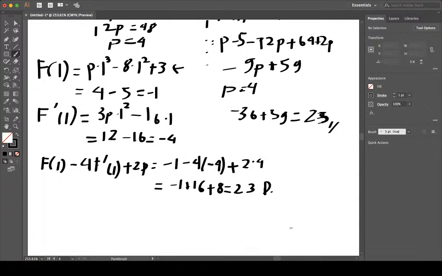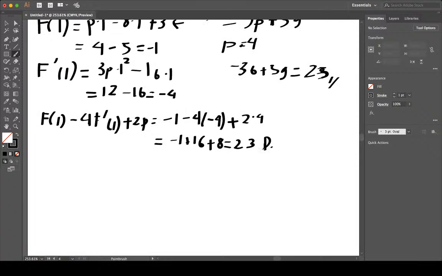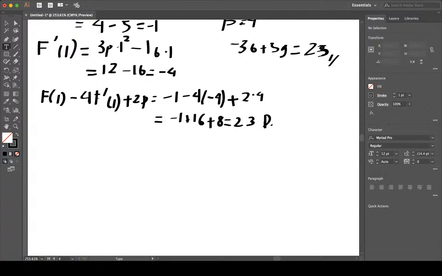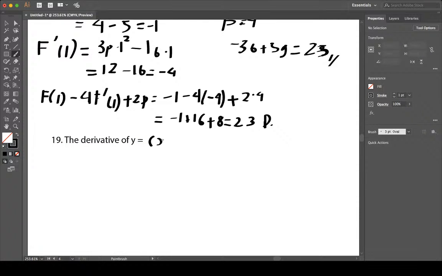Okay, so now let's jump to question 19. The derivative of y equals, let's write this down, x minus 1 times x squared plus x plus 1.